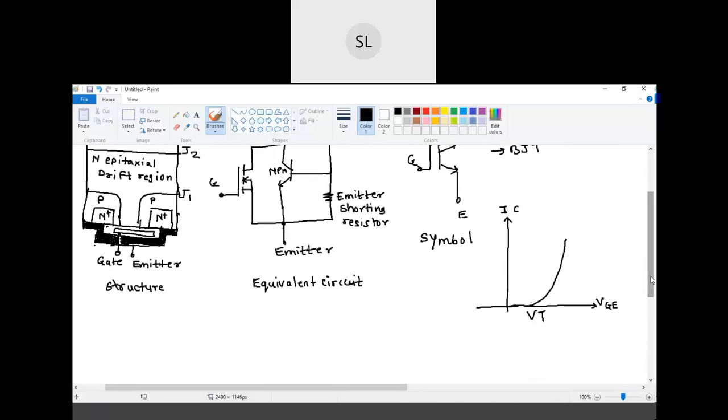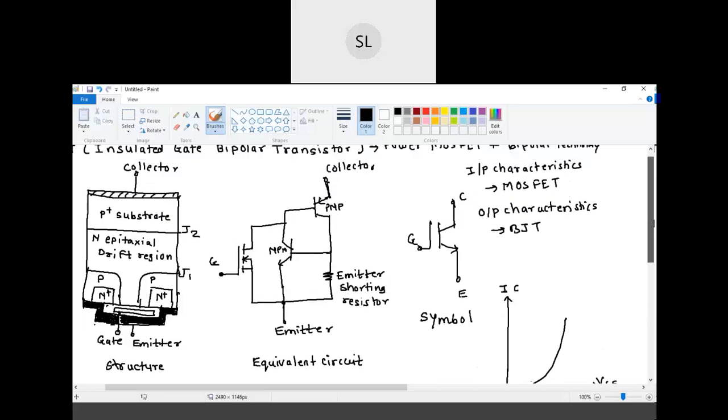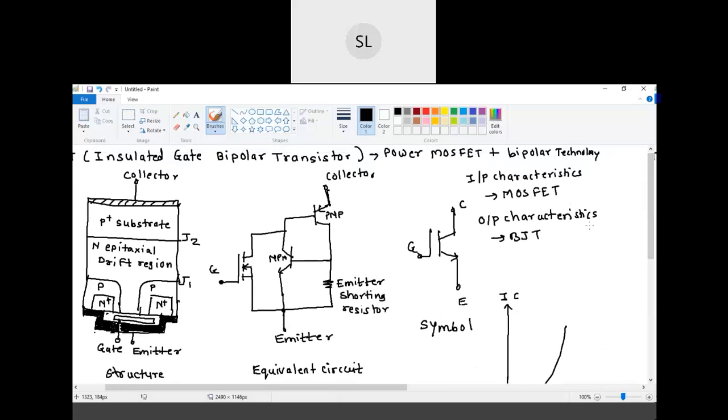Now if you look at the structure of this IGBT, in the structure of the MOSFET there is an N substrate over here. Instead of that, we have replaced that N substrate by a P plus substrate in this IGBT.